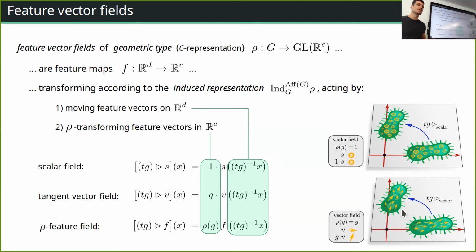You have your feature map, and you want to know how it transforms if you rotate it. In a group action you always have something to be acted on, that's our feature field, and a group element which is acting on it. This group element would be a translation and rotation, for instance. So this T_g would act on the feature field and tell you how it is being transformed.